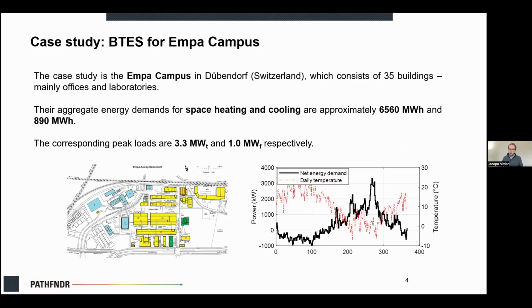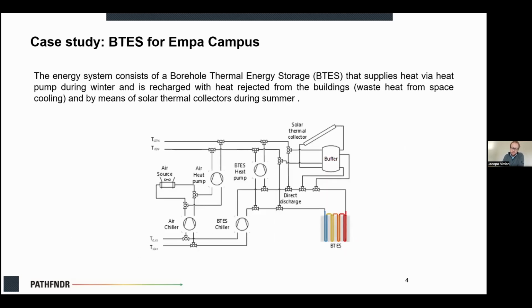When I say case study, I mean particularly the heating and cooling load profiles that characterize this set of 35 buildings with an energy demand for space heating and cooling approximately equal to 6 and 1 gigawatt hour per year, and the peak loads of 3 and 1 megawatt respectively for space heating and cooling.